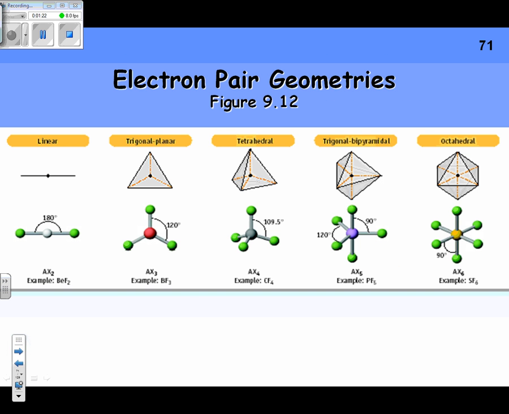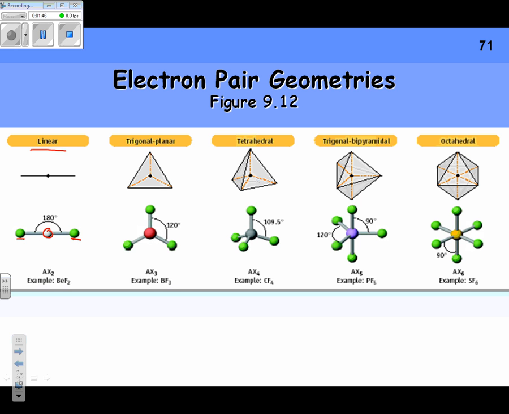All right, so we have our basic shapes here. These shapes don't have any unshared pairs on the center atom, because those will affect the molecular geometry. If we have a center atom bonded to only two things, the furthest apart they can get is in a straight line, and this one is called linear.